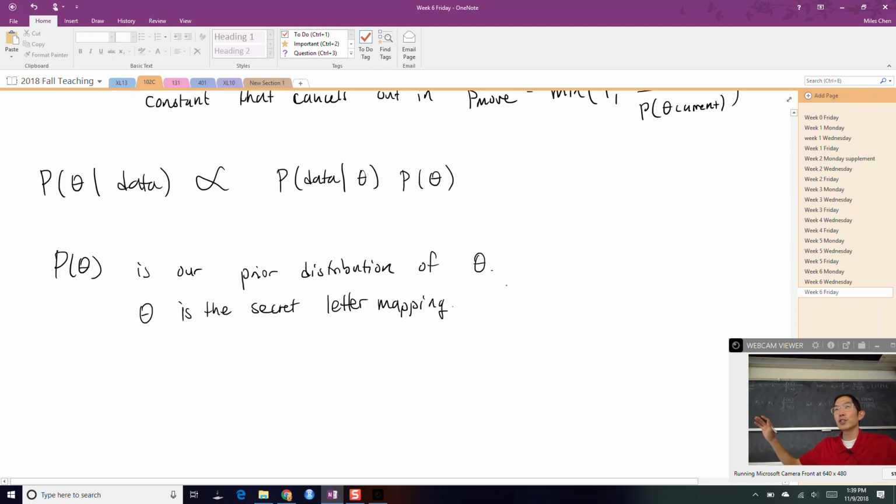Do we have any inclination to believe that one particular mapping is more likely than another particular mapping? No, okay? So I would say our prior distribution of theta should be a uniform one, saying that before I look at the data, all 26 factorial mappings are equally likely. We have no reason to believe that one mapping is more likely than another.